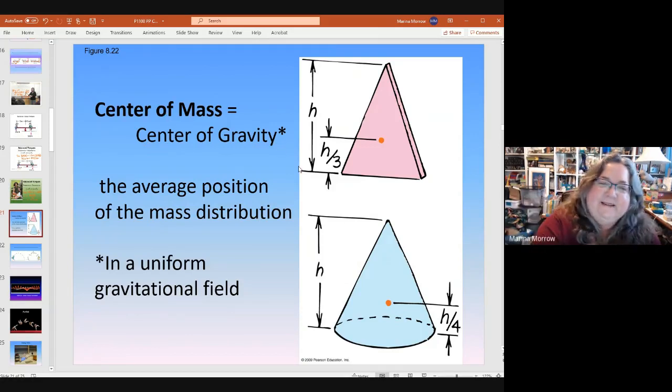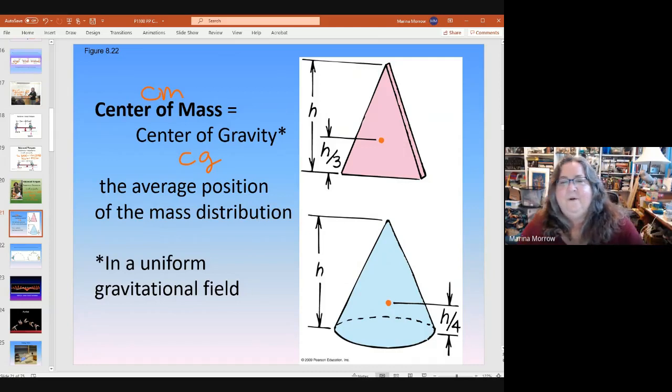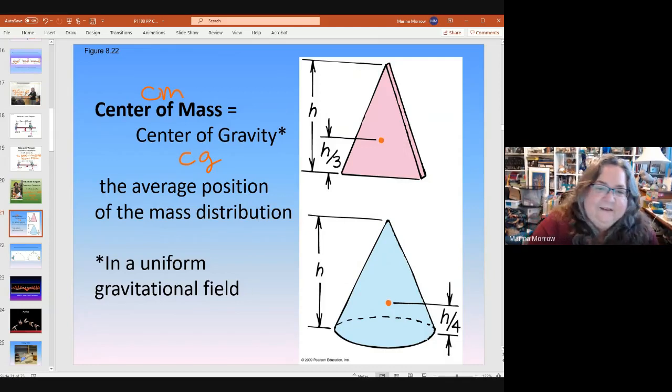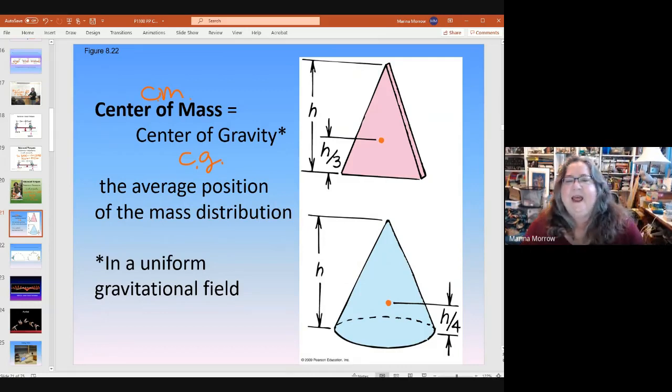Center of mass is sometimes called Cm. Center of gravity is sometimes called Cg. Sometimes you can put dots if you want to. Anyway, the center of mass is the average position of the mass distribution. The center of mass and the center of gravity will be the same if it's a uniform gravitational field.